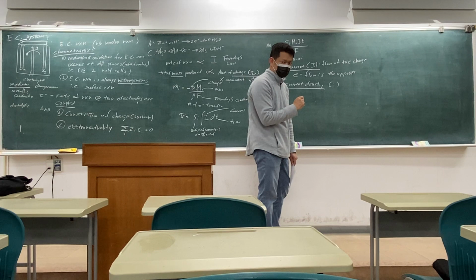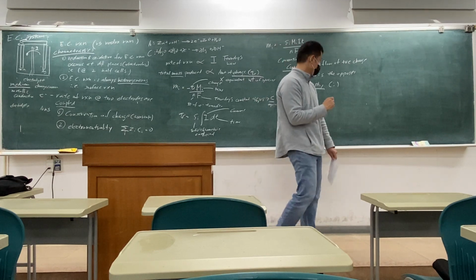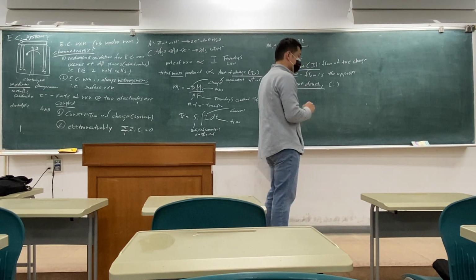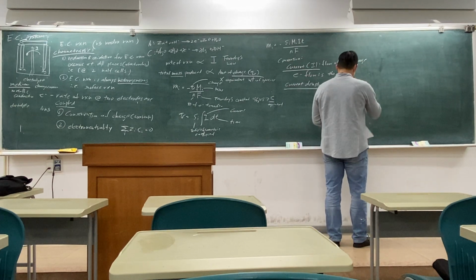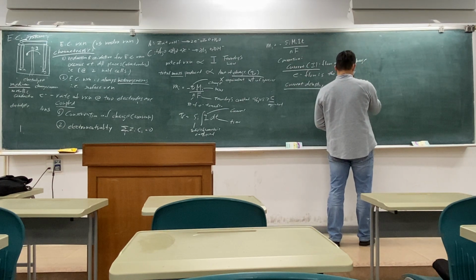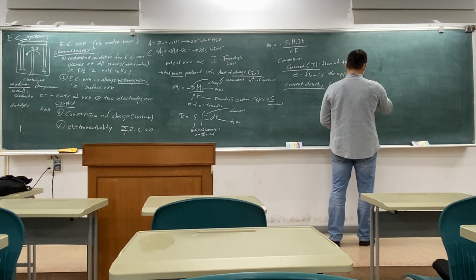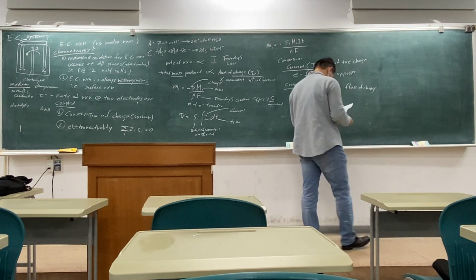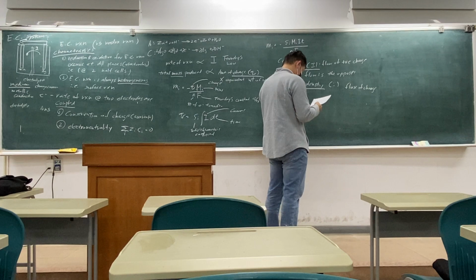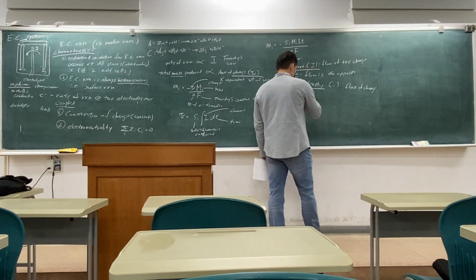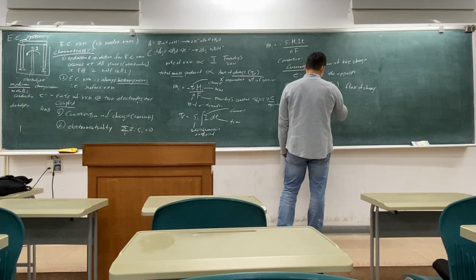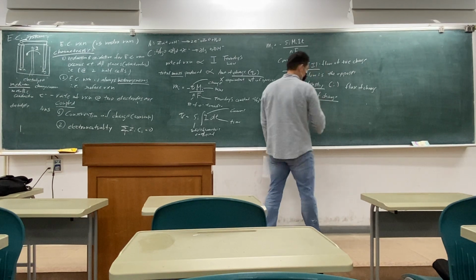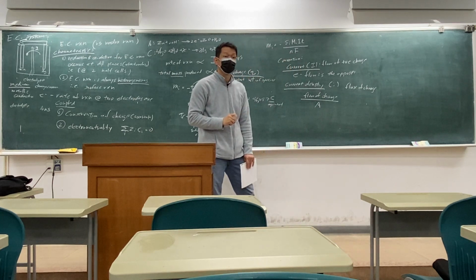It's a concept a lot of people may get confused about. Current density is defined as the flux of charge, so it is the flow of charge per unit area.